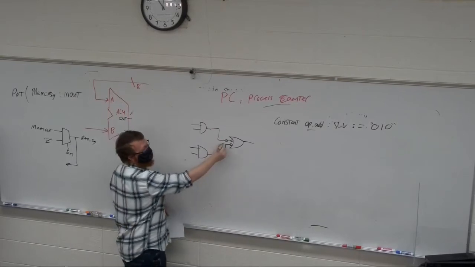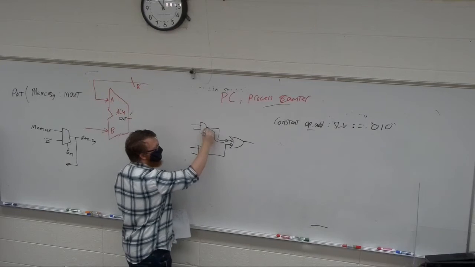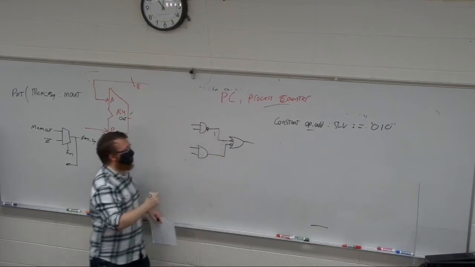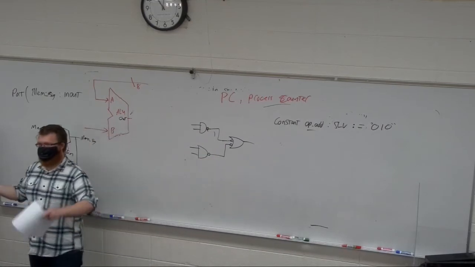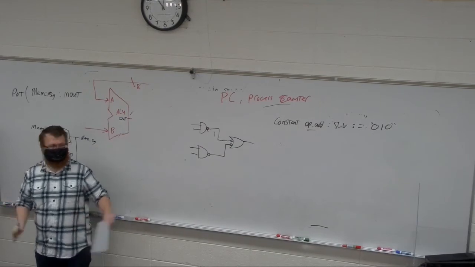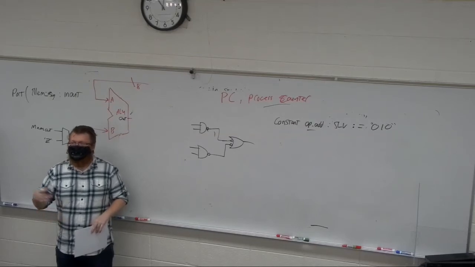But I can just push this guy back to here. Do the same thing on that one. And boom, I have NAND gates. That's it. This is the easiest way to create universal gates from non-universal.